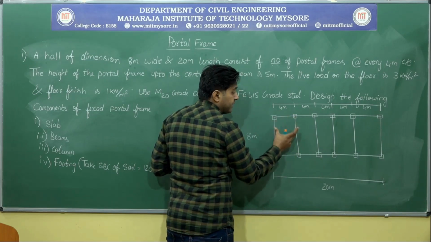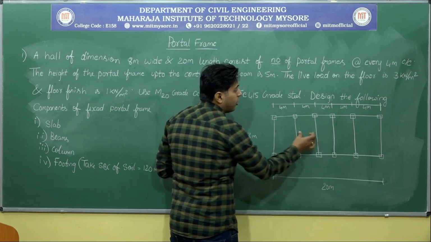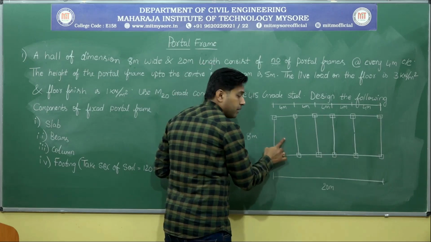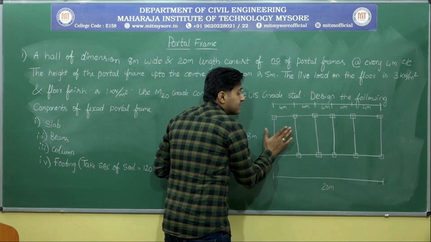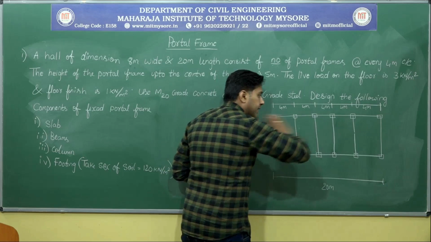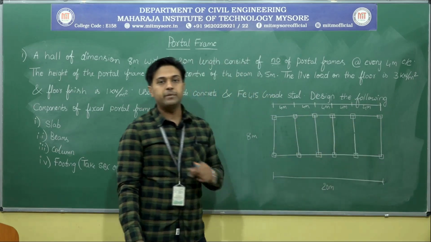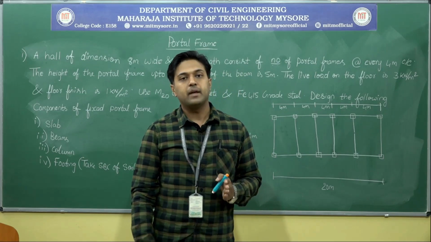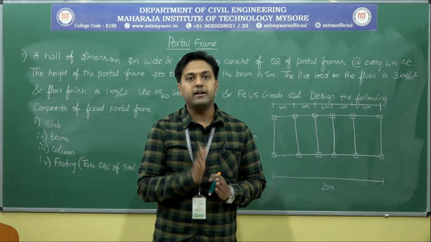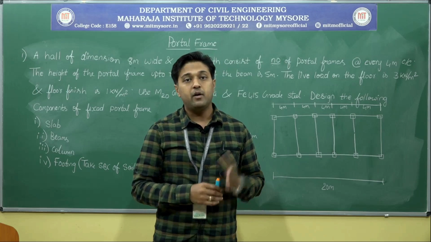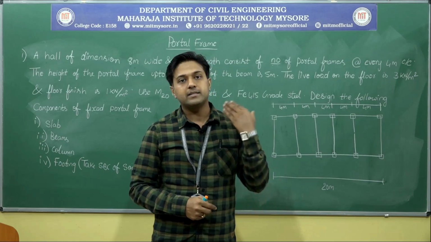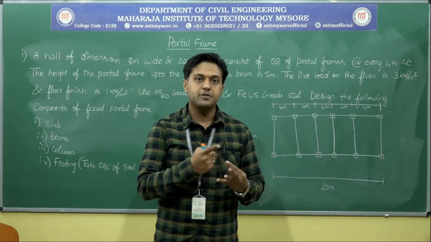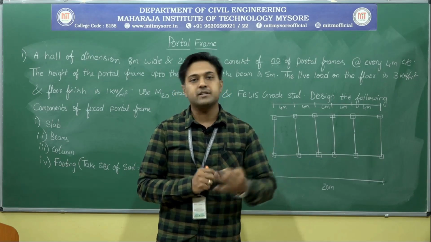If I design it for this, don't you think that all the other spans are the same? So please remember, I will be designing the slab as a one-way continuous slab. I think in your 5th semester in design of RC structural elements, while studying the slab portion, you know there is one-way slab, two-way slab, and one-way continuous slab.